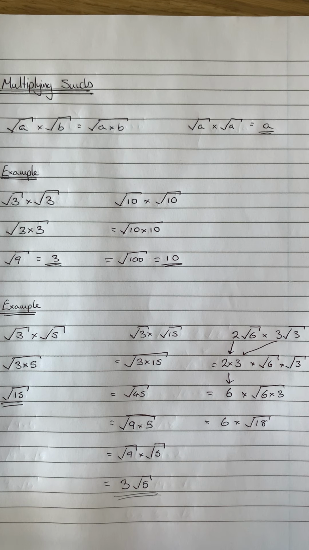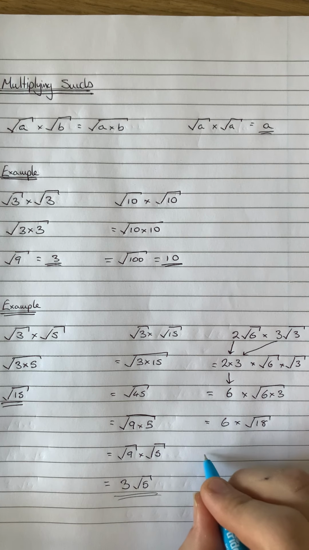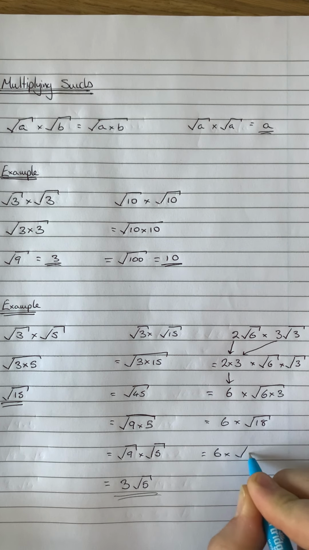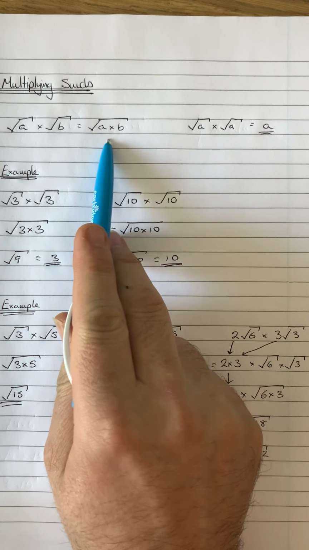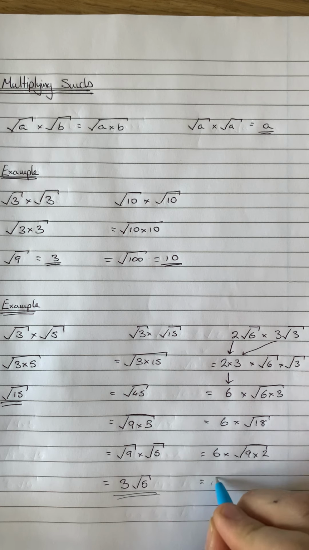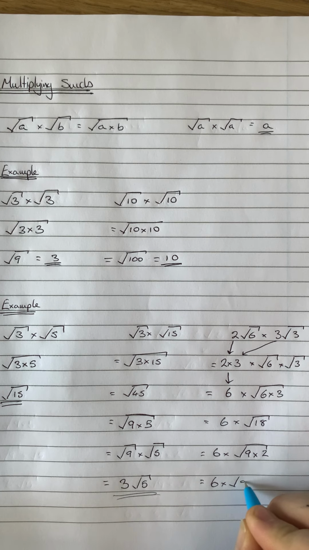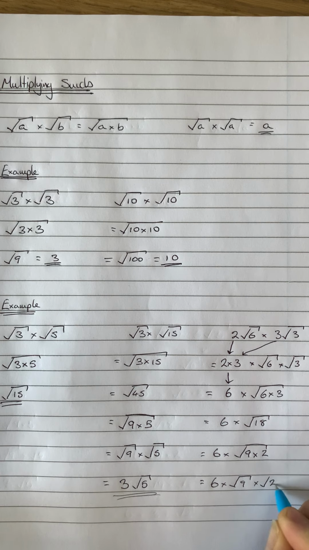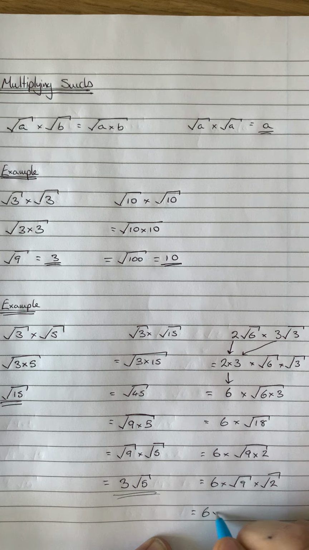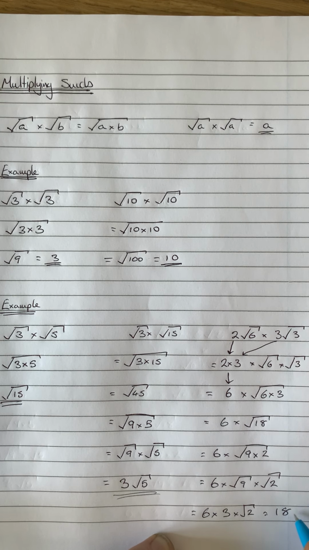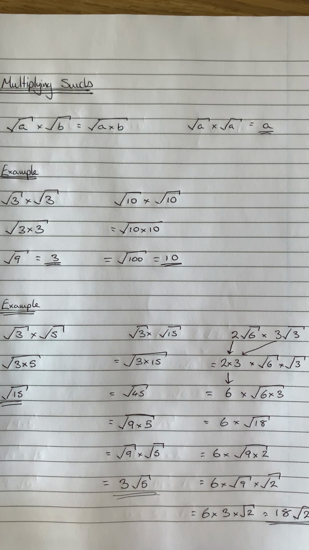Now 18 we can break down because 18 is a product of 9 and 2, and then using a rule reversed, we break it down. 6 times the root of 9 times the root of 2. Root 9 we know to be 3, so 6 times 3 times root 2. 6 times 3 is 18, and root 2 is just root 2, and it can't simplify down any further.